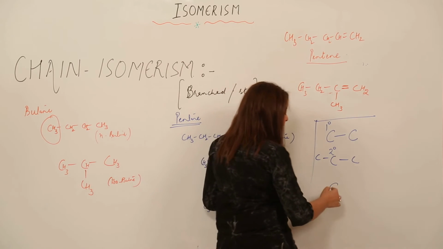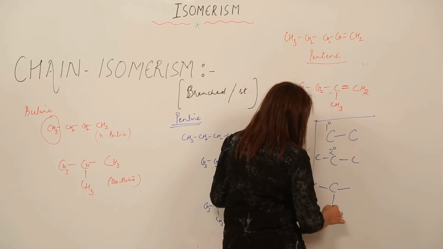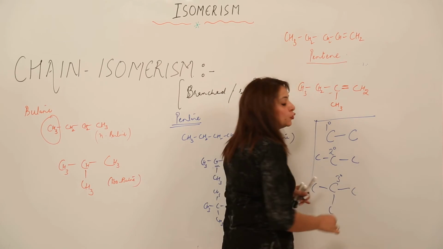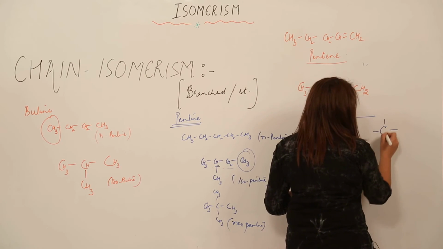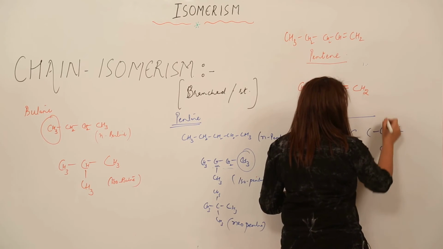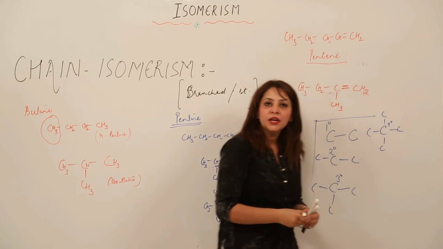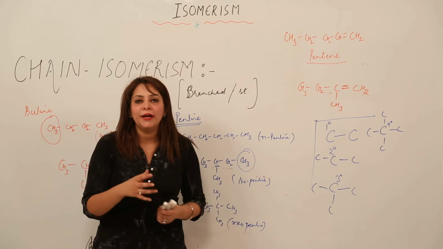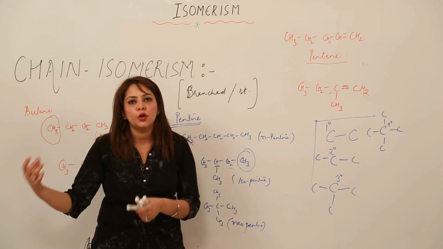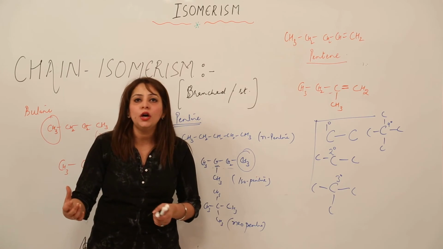If attached directly to 3 carbon atoms, it is 3 degree, and if attached directly to 4 carbon atoms, it is called 4 degree. This is how we classify the carbon atoms of a chain as primary, secondary, tertiary, quaternary, or 1 degree, 2 degree, 3 degree, or 4 degree.